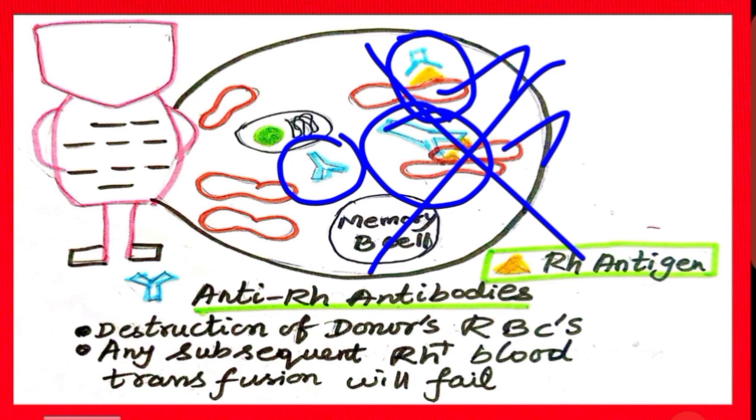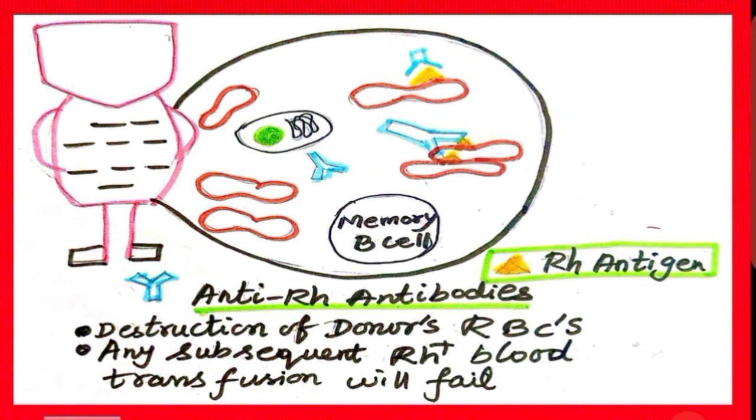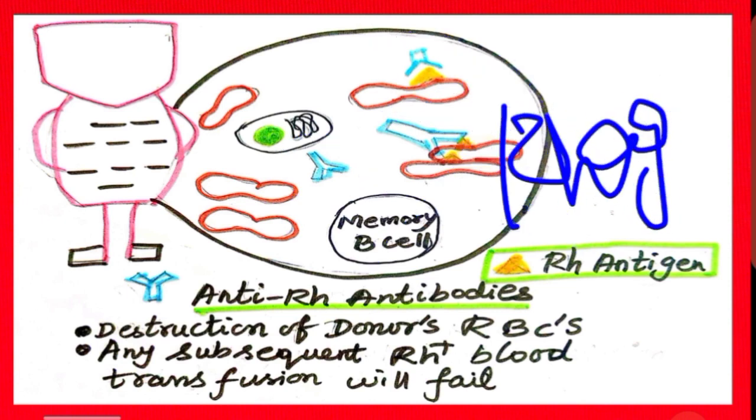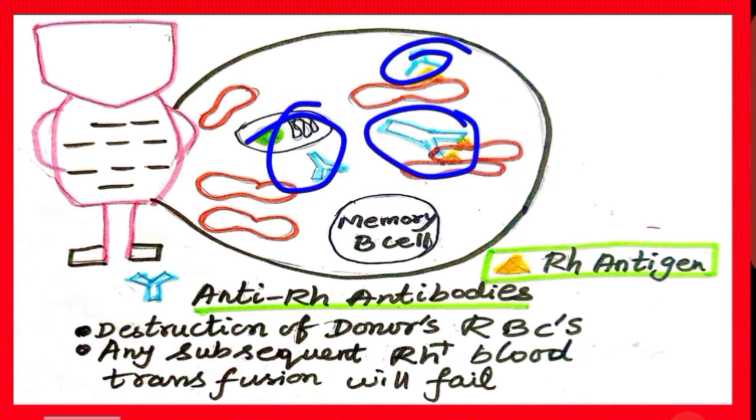If there is any subsequent Rh positive blood transfusion, that is, if the Rh negative person receives Rh positive blood again, what will happen? It will also fail easily in the recipient body. This is because the recipient has been exposed to Rh antigen in their previous transfusion itself. Therefore, anti-Rh antibodies and Rh specific memory B cells are present in the recipient body, right?